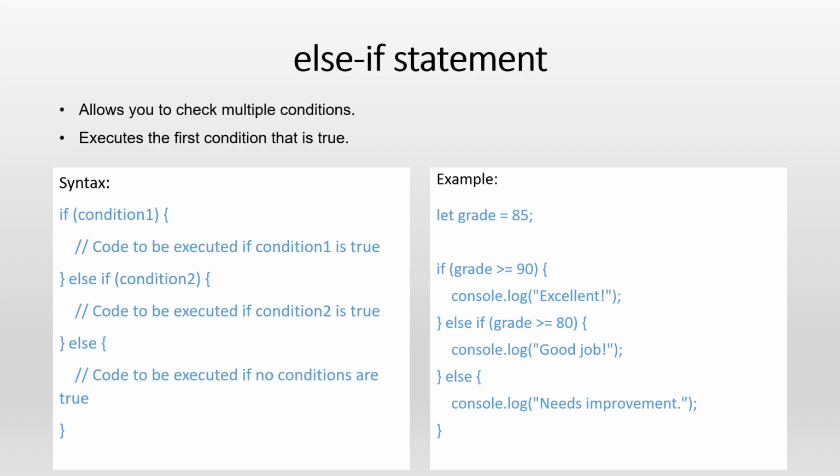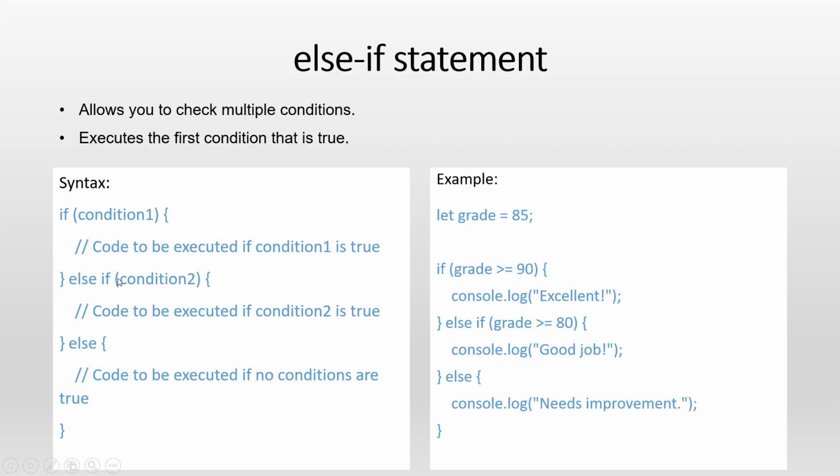What it is going to do is make you check multiple conditions and execute the first condition that is true. What does that mean? So there is this condition. If condition one is true, it's going to execute this part of the code.